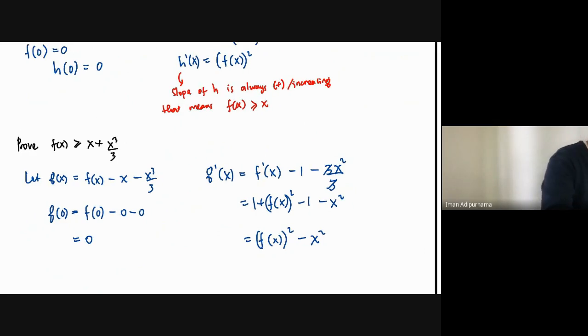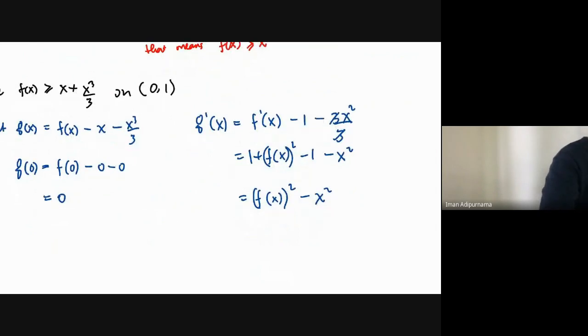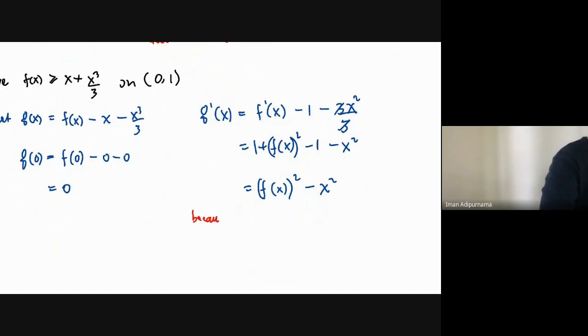Because this is always increasing, and remember that we are proving this on the interval [0, 1], when you have f(x) squared minus x squared, it's also increasing, because f(x) squared is always increasing.